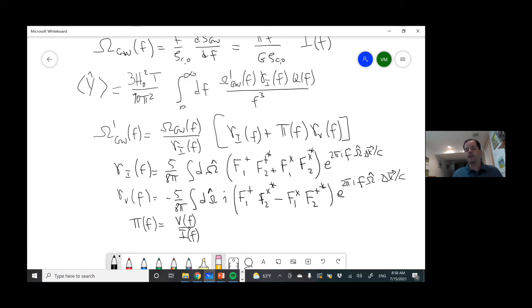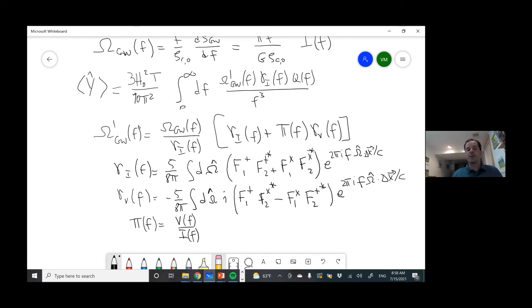It takes values between plus and minus 1, multiplied by this other overlap reduction function. It effectively changes the overlap reduction function for the polarized background relative to the unpolarized one. So the ratio of this new polarized overlap reduction to the original unpolarized one will not be 1 anymore.